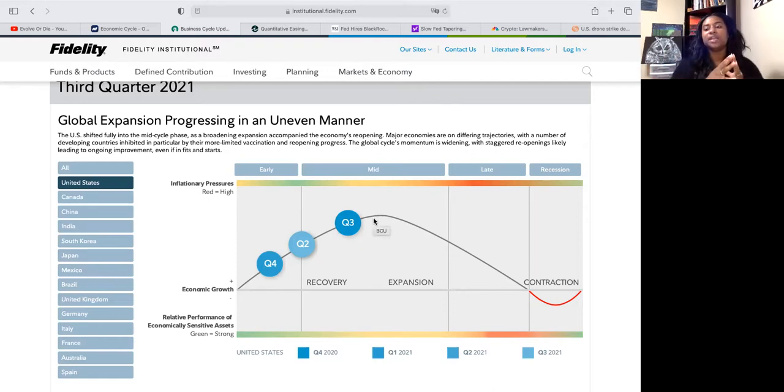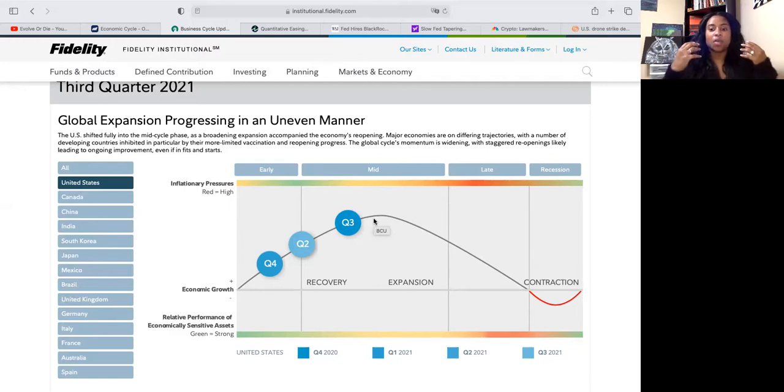We saw so many companies hitting all-time highs. We saw a lot of positive economic outlook with the rollout of the vaccine. And just to give you guys an idea, this is what I mean when I say there are so many influencing factors that affect the conditions of the economy or the stock market, because it all has a reaction.